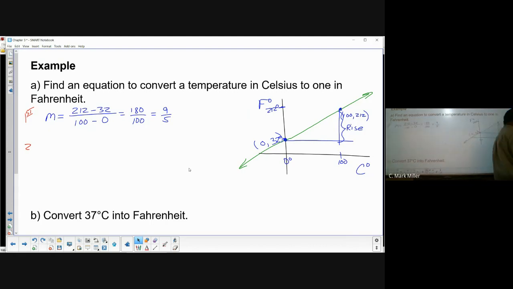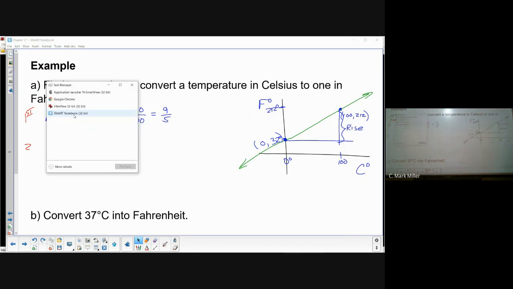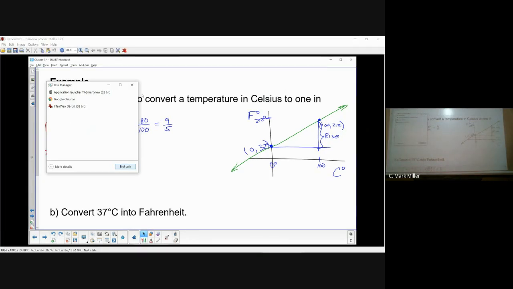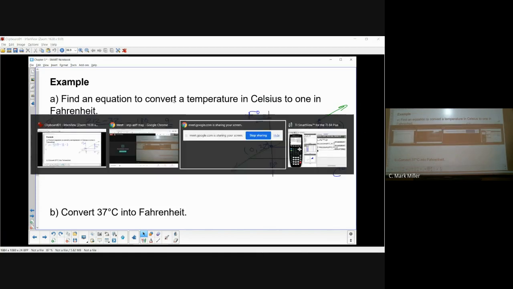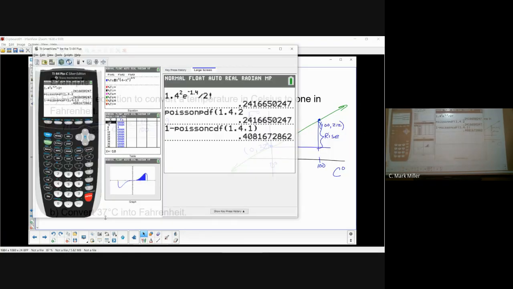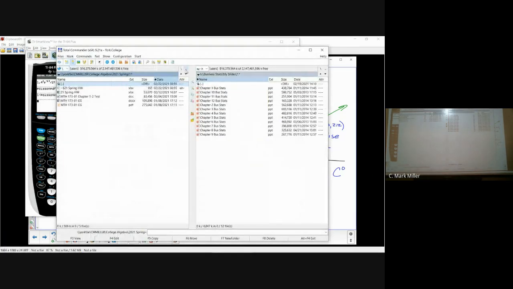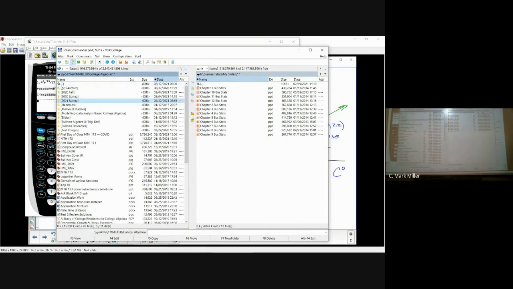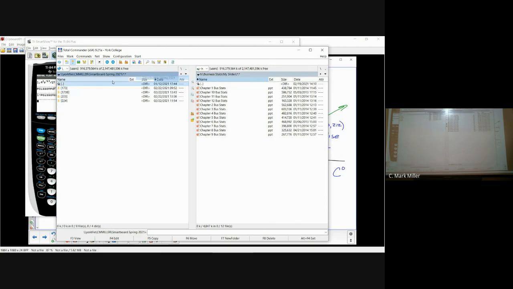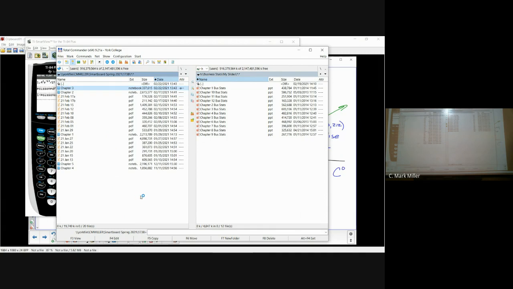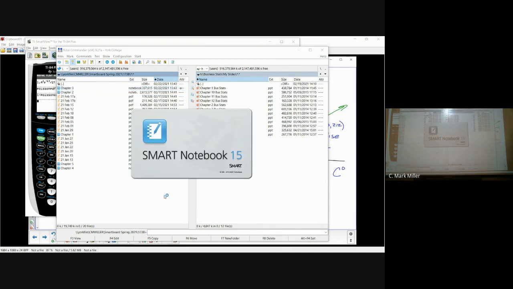I think it's 32. Uh-oh. Let's see how much we lost, if anything.